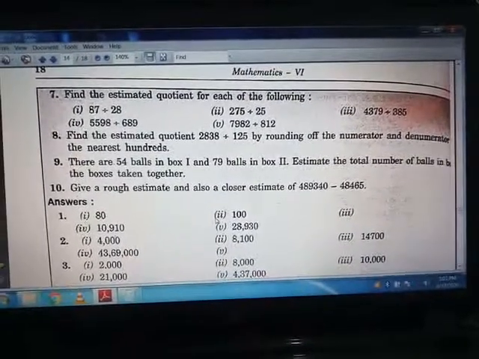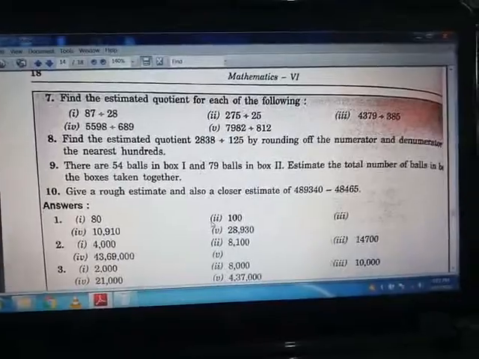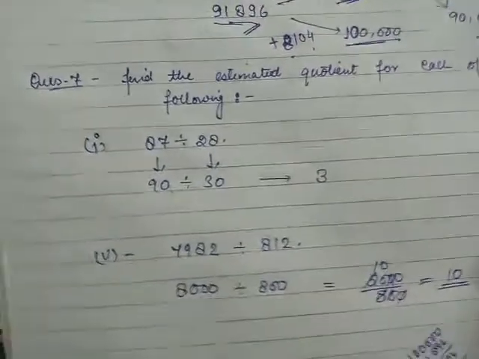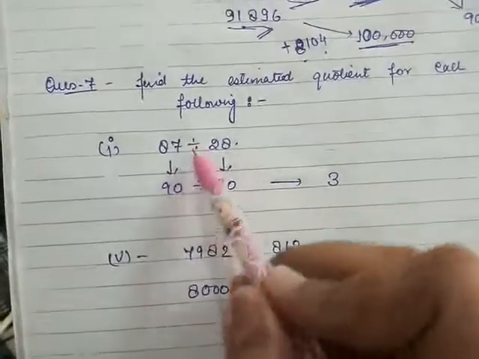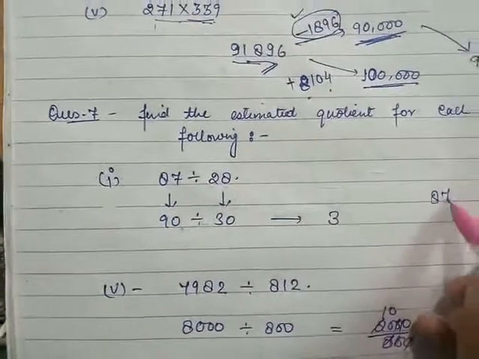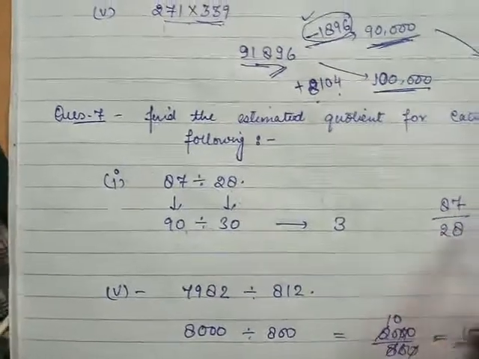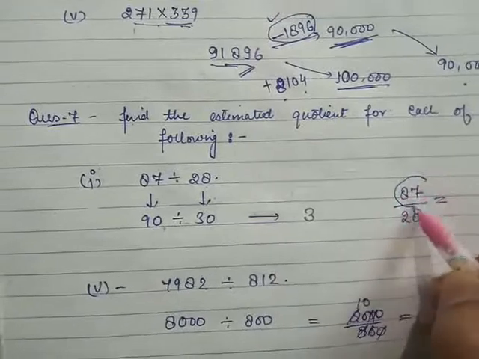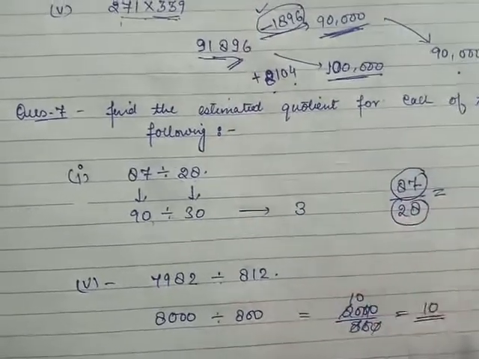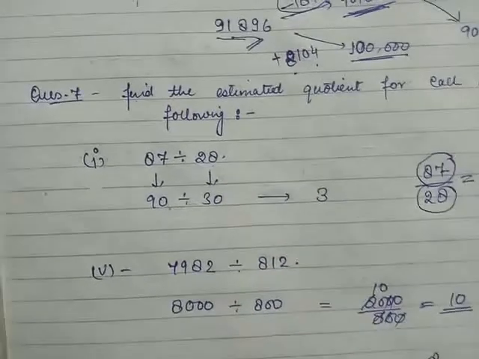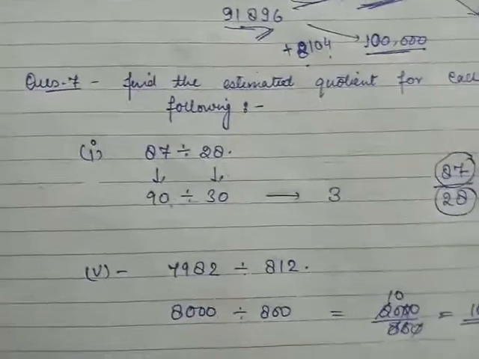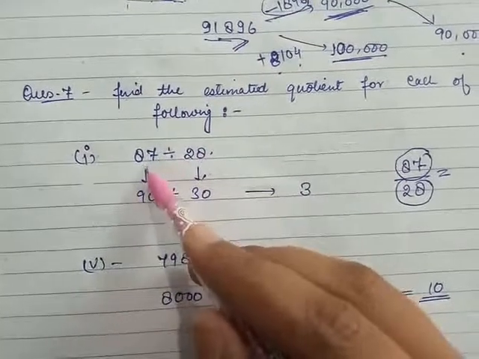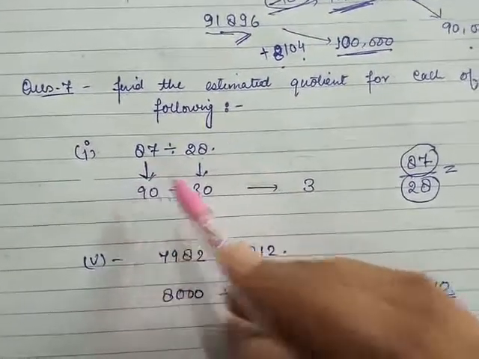Its first part is 87 divided by 28. If we divide 87 by 28 directly, our value will be much complicated. So for removing the complications, we will first round to the nearest places, then divide.